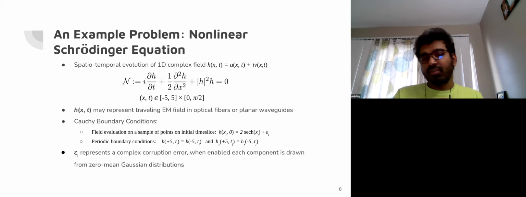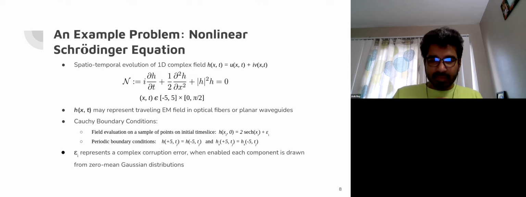But the nonlinear Schrodinger equation is much more interesting physically. This nonlinear field that we're interested in obeys the nonlinear equation given here. It's a complex PDE, so you can interpret it as a set of coupled PDEs that evaluates these two fields simultaneously, this U and V, the real and the imaginary part of the field.